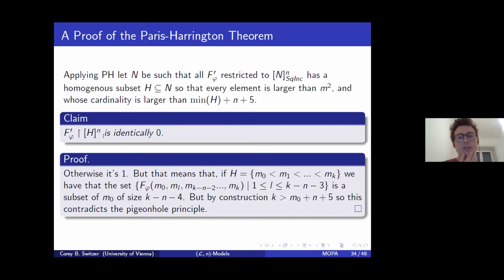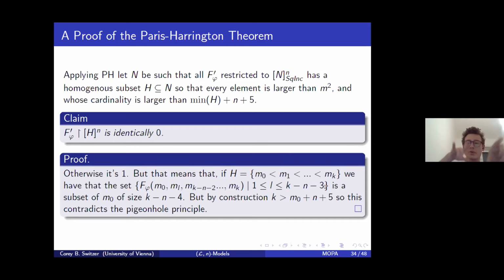Why is that? Well, otherwise it would be 1. And what that means is that if I have my square increasing sequence and I fix my m0 and just walk up, so I do m0, then m_l, then m_k minus n minus 2 up to m_k, and I let my l go from 1 to k minus n minus 3.